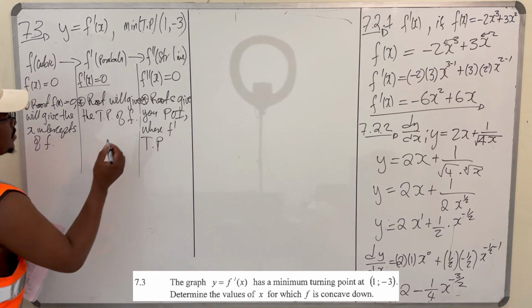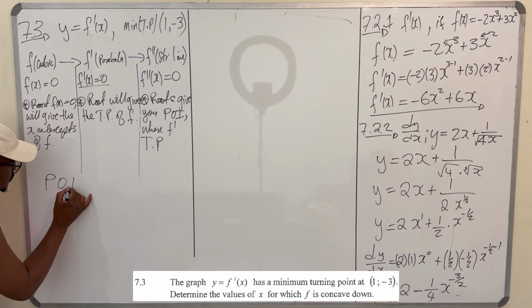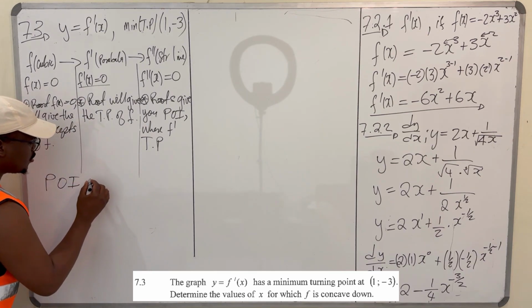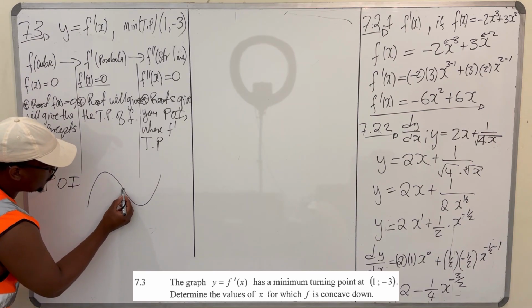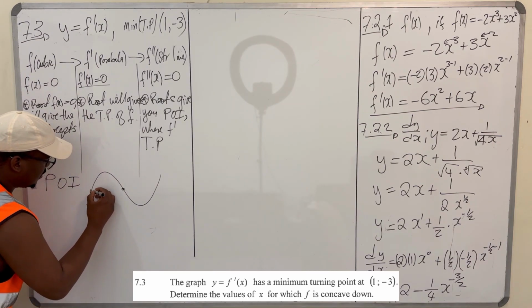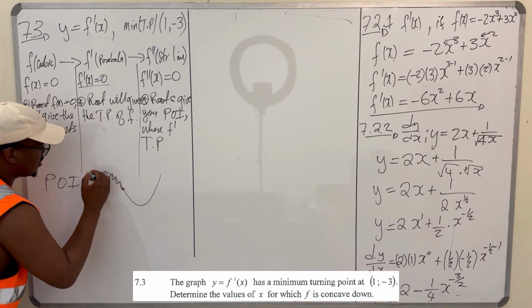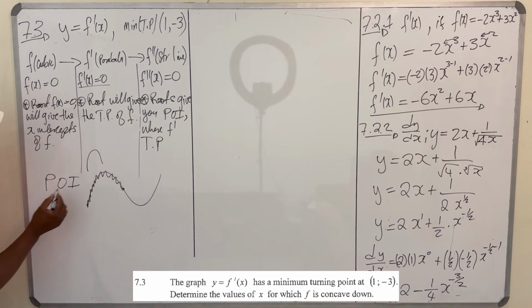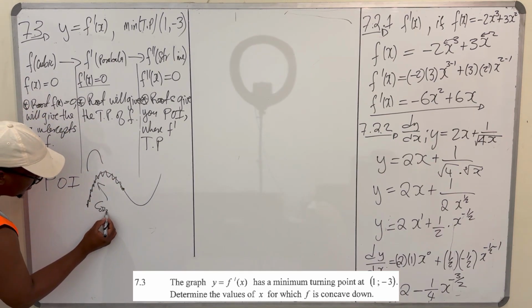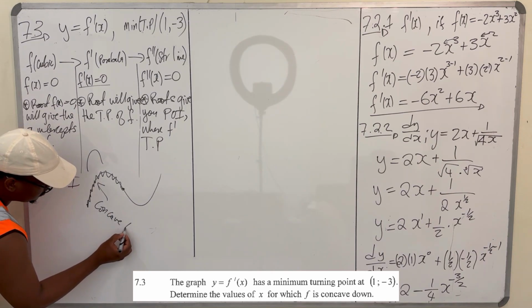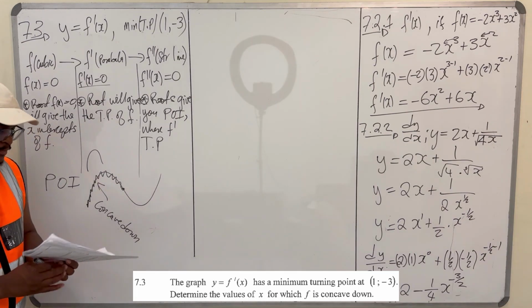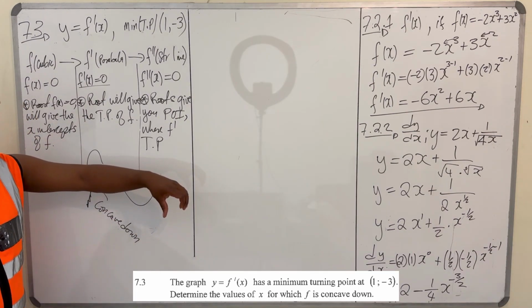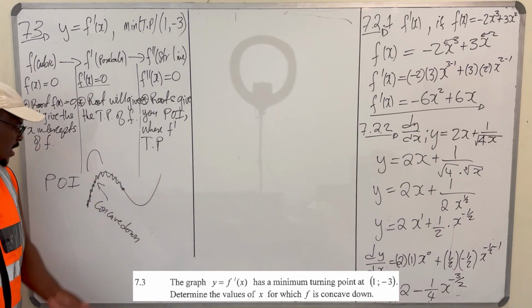So, what does this mean, point of inflection? If your cubic function was like this, somewhere here you can see that it had this shape. When it had this shape, it is said to be concave down. When it had a shape like this, it is said to be concave up.